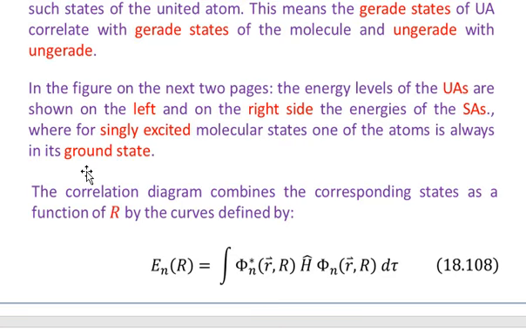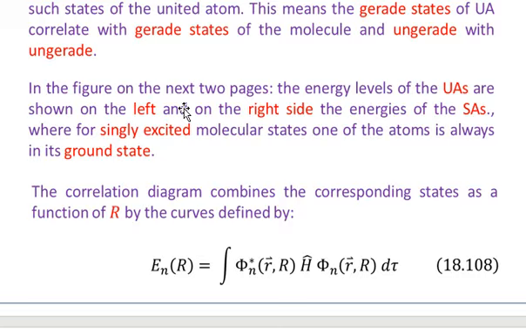So you see that when we are talking about, for example, singly excited molecules, then in that molecule one of the atoms will remain in the ground state, whereas the other atom in the molecule will be excited. And this is only for singly excited molecules, because if you doubly excite a molecule that has two electrons, then of course the molecule is completely ionized.